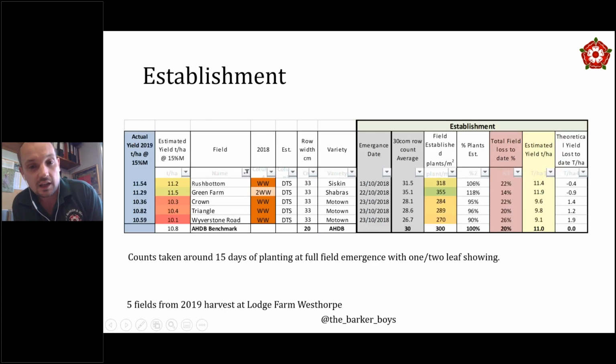So the first count I would have done was establishment, but I'll just highlight the two columns on the left of the screen. The blue column is the actual weight of the combine that was recorded, adjusted to 15% moisture. So these are what actually came off the combine, and this is what we're going to be judging against. The estimated yield at 15% is the average of all the estimates of this calculator.